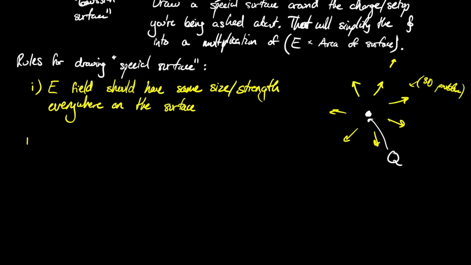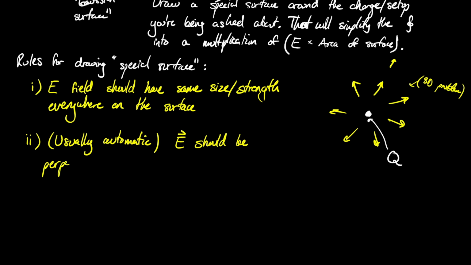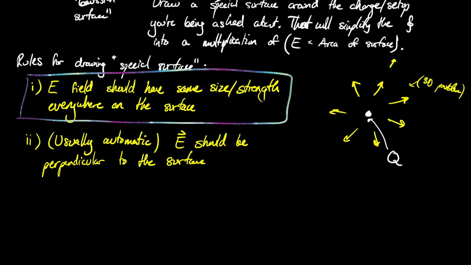Okay, the second condition, and this one is usually automatic, but I will mention it still. The electric field should be perpendicular to the surface. Okay, and I'm going to put the first one in our handy Galaxy pen to remind you that this is supremely, supremely important.